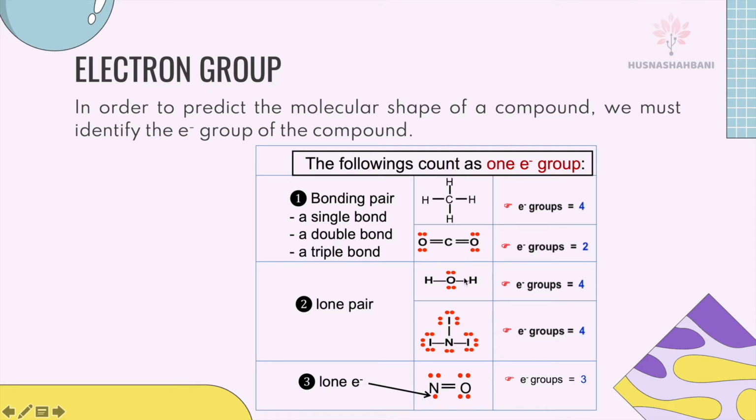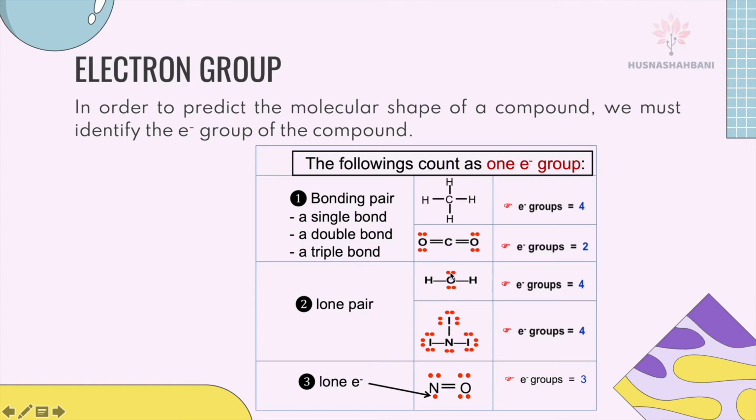Lone pair. One pair of electrons is counted as 1 electron group. You have 2 electrons here, but 2 electrons are counted as 1 pair, so 1 pair is counted as 1 electron group.